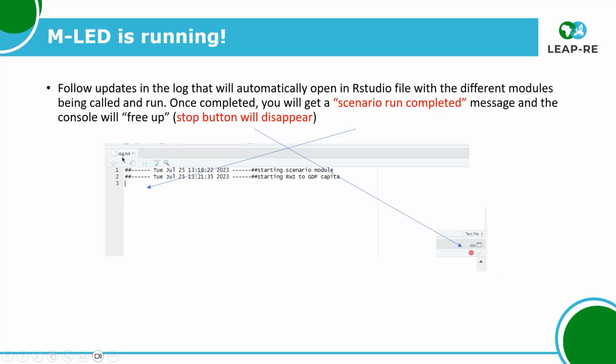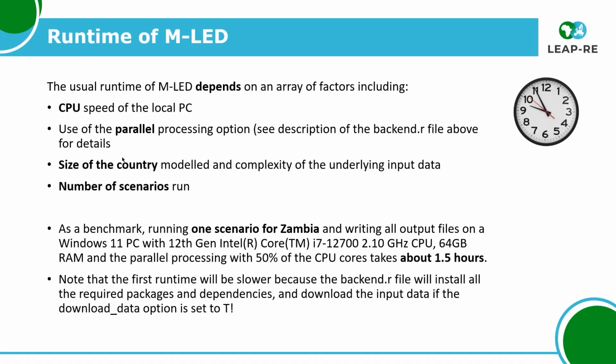Also, a log file will open automatically, and the log file will keep us posted on the development of the different stages of the model run. So as the model goes through its different modules and steps, we are informed about it, and we also keep track of how much time this takes to complete. How long does it take overall? Well, it really depends on factors such as the CPU speed of the local computer, and whether or not we are using the parallel processing options that we were talking about that can be customized in the backend R file.